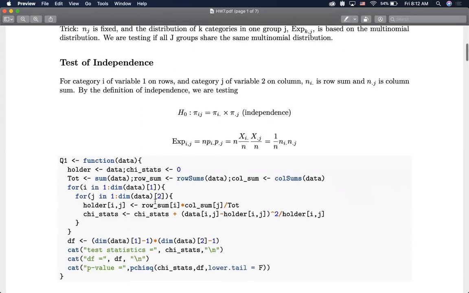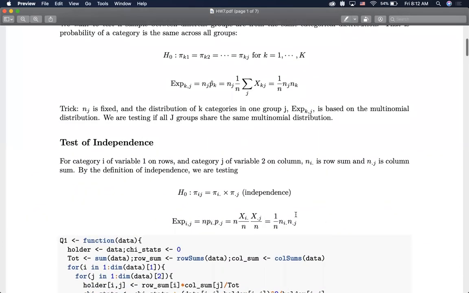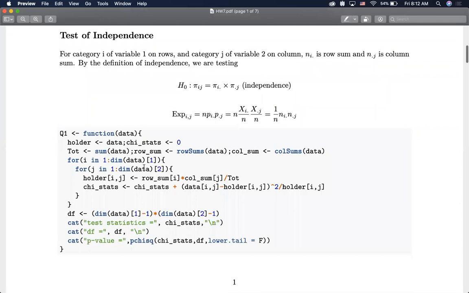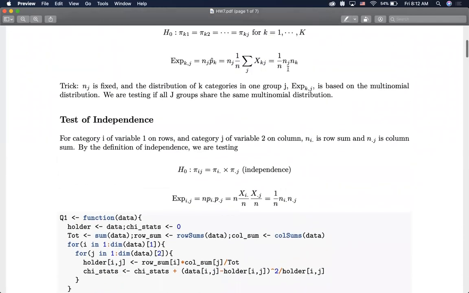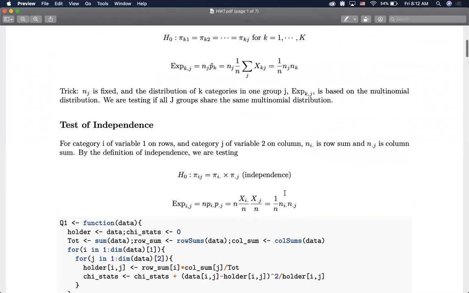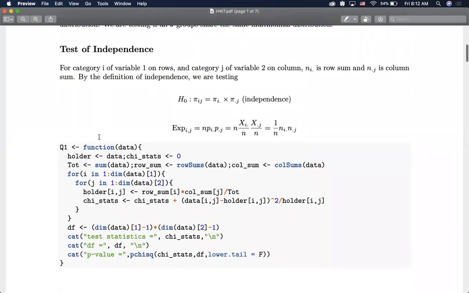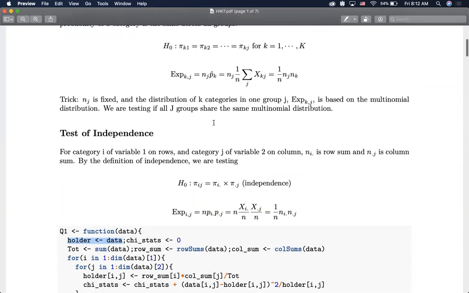Since they share the same formulation, I'll make one function for these settings. This function's input is the data. I first create a holder with the same size as the data, for example a K by J or I by J data set, so I keep the same dimension.